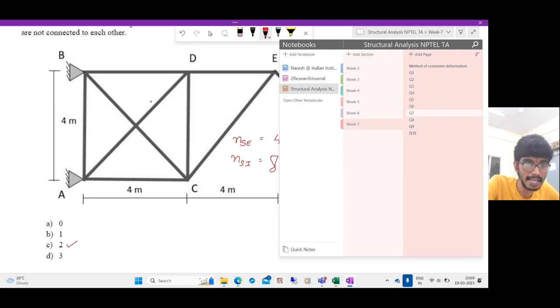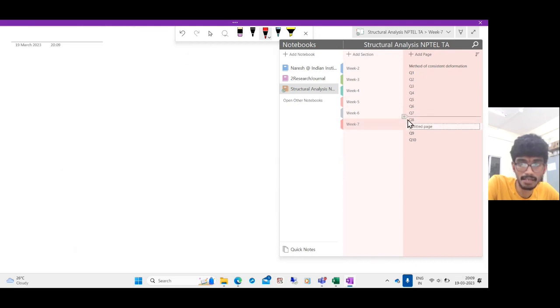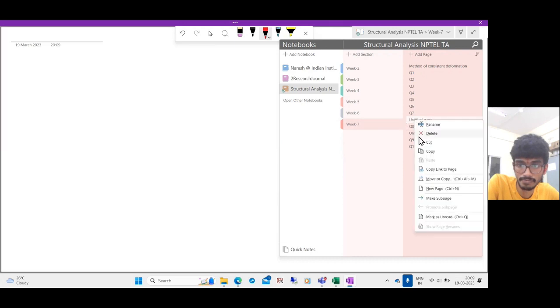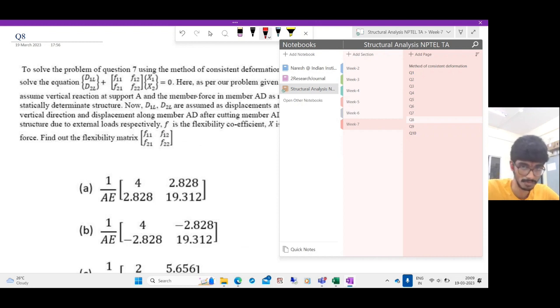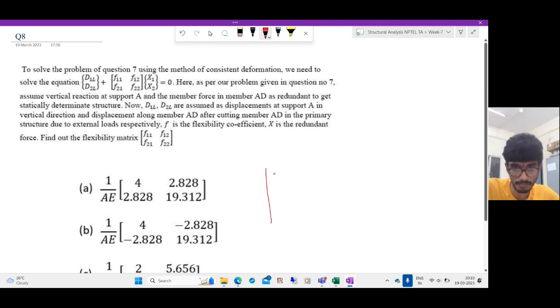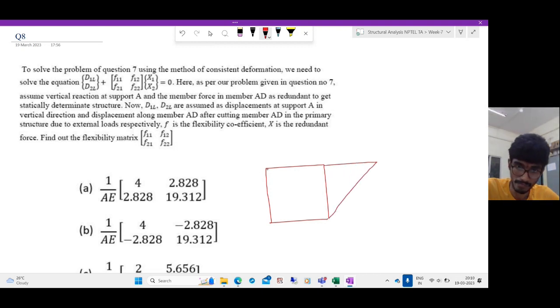We need to remove this member AD, and we need to remove the vertical reaction at the point A. The structure we get will be... You can quickly check that this is a statically determinate and stable structure. So this is our primary structure.